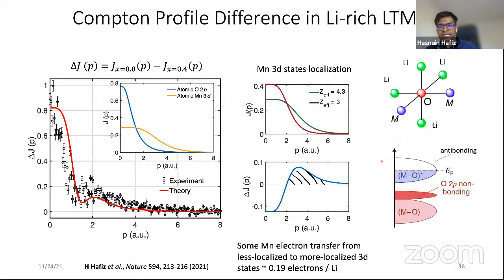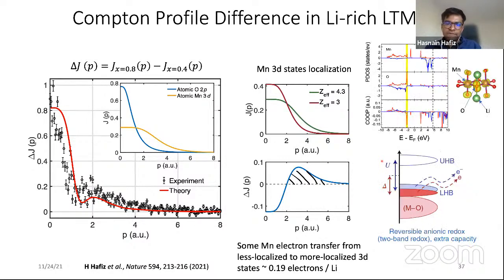And we find that this localization is produced by the Coulomb repulsion between an occupied state at the oxygen site and the 3d states in the neighboring manganese ions, without a significant formation of a covalent bond.